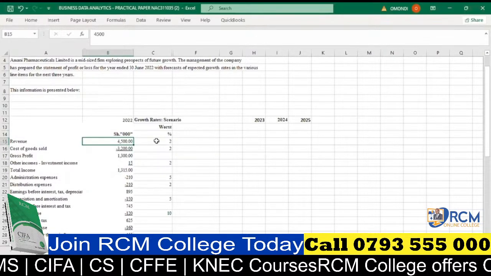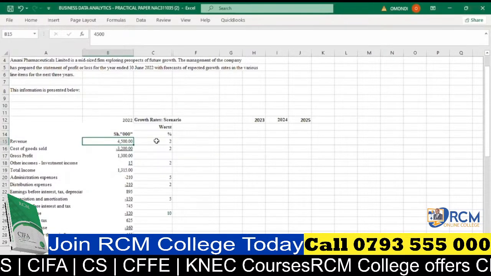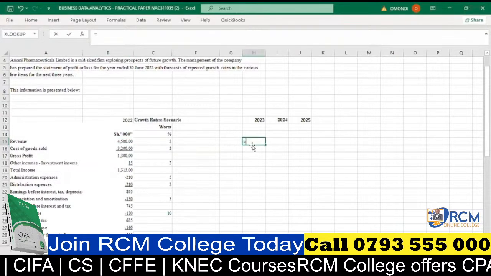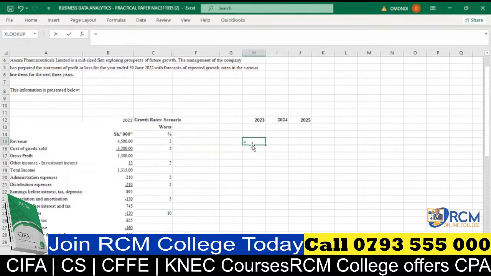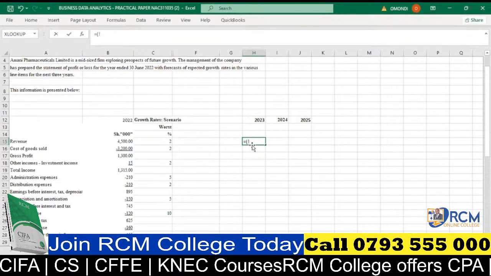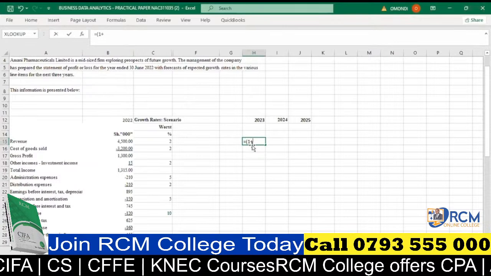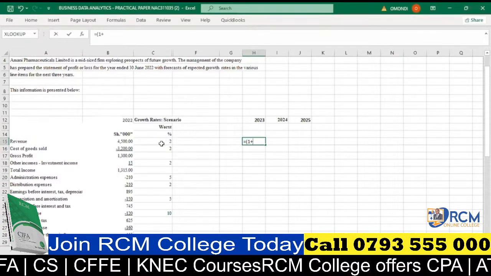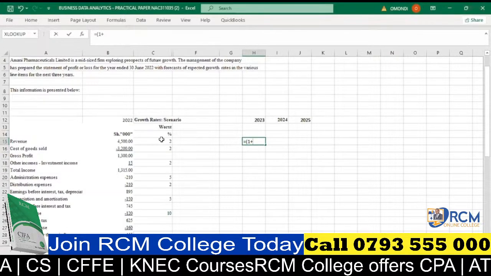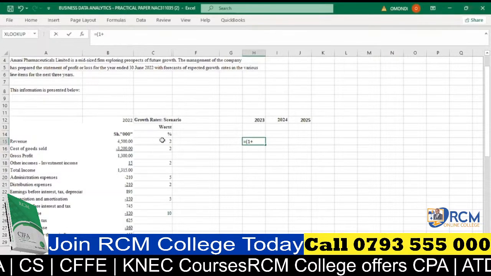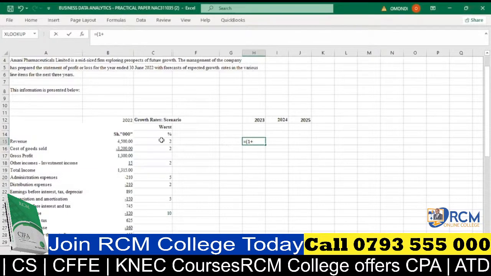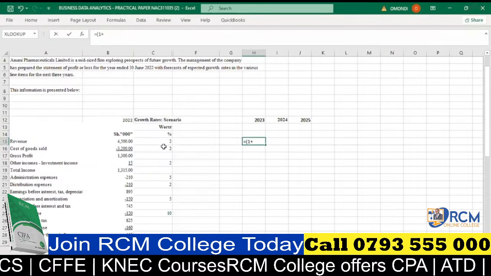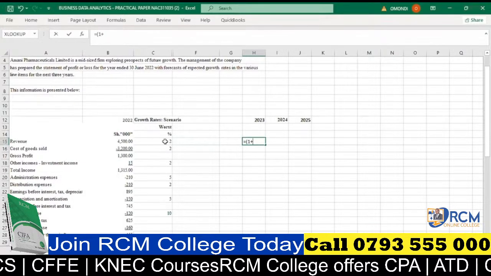So revenue for 2023 is going to be equivalent to 1 plus the growth rate. Remember, 2%. Yes, they have indicated the percentage up here, but this one is not 2%. This one here will give you 200%. 2% should be 0.02.